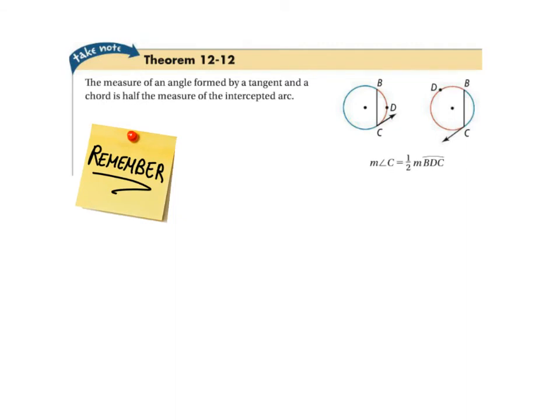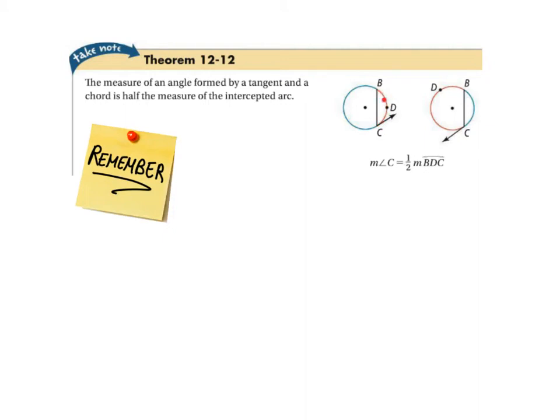Okay, so then we've got one more thing to look at, and this is a theorem. It says the measure of an angle formed by a tangent and a chord is half the measure of the intercepted arc. Here there's a chord, but rather than creating another chord over here, it's a tangent, and the angle that it intercepts is right here.